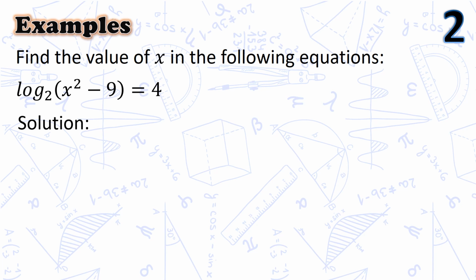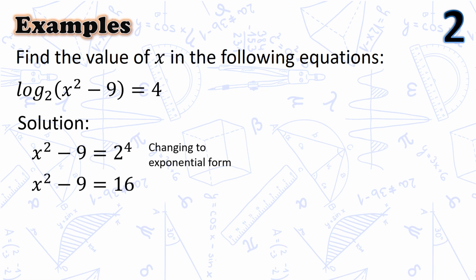For our solution, we can rewrite this in its exponential form, that is x squared minus 9 equals 2 raised to 4. 2 raised to 4 is equal to 16, and then adding 9 to both sides of the equation, we get x squared equals 25. Then we have a quadratic equation. This type can be solved using extracting the square roots. So we have x equals positive negative 5.